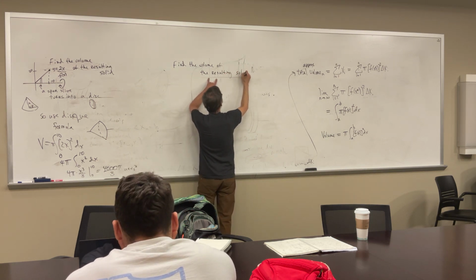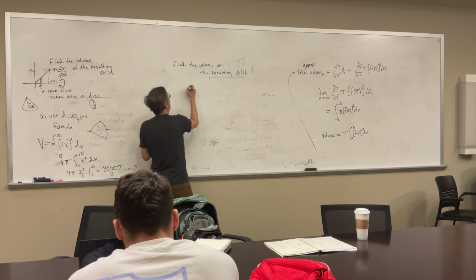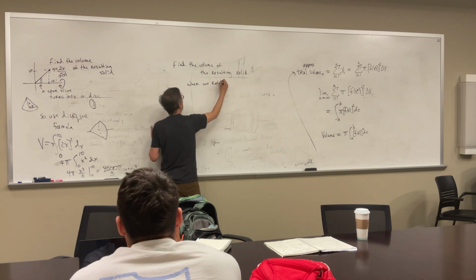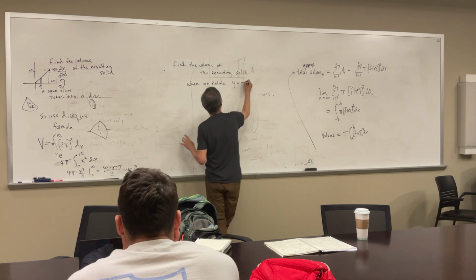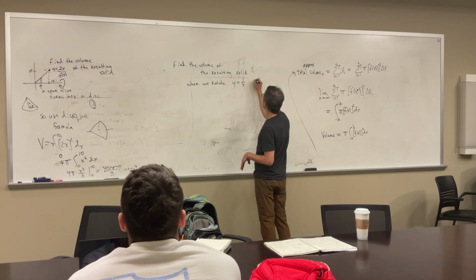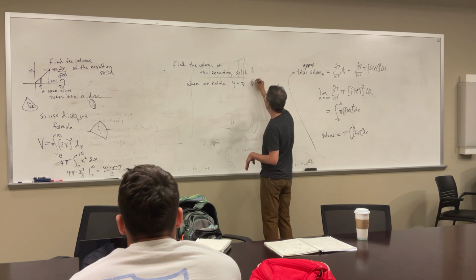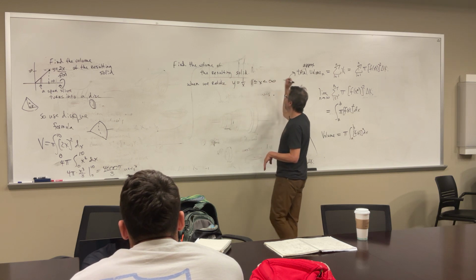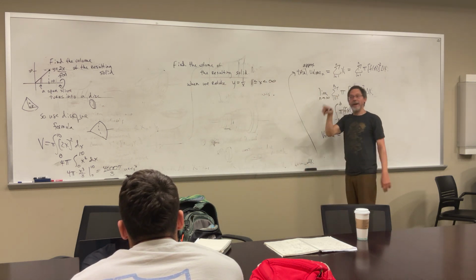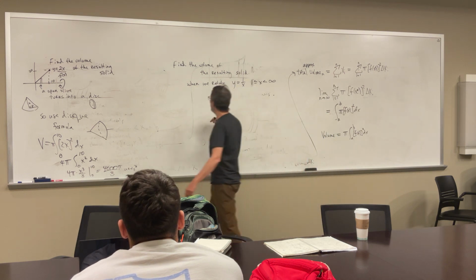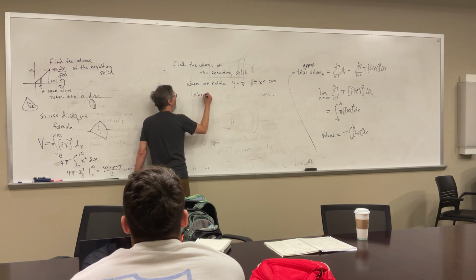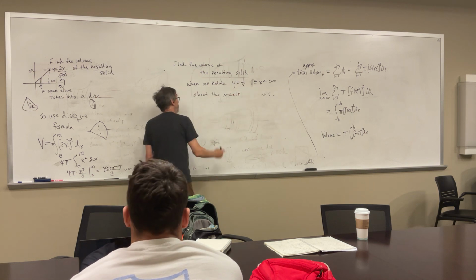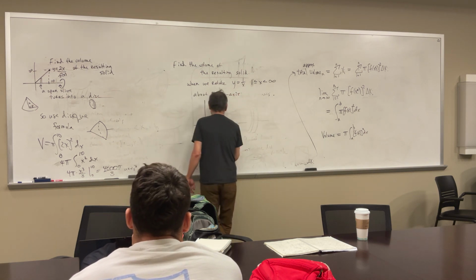The resulting solid when we rotate y equals 1 over x, where x runs from 1 to infinity, around the x-axis. So let me help you out, and then you get to do the fun part.